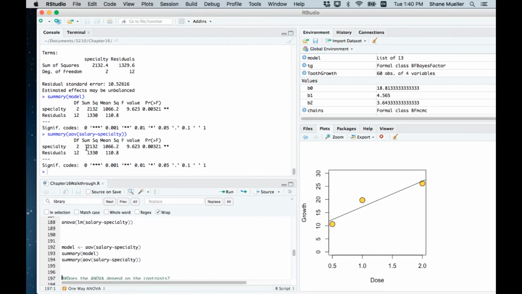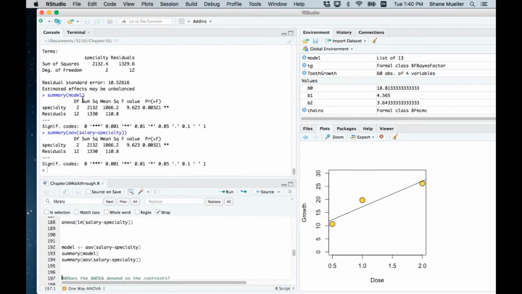And this, again, just like the ANOVA of the LM, the summary of the AOV gives me this F-test of whether specialty matters at all in comparison to intercept only. So what this is really asking is, if I just assume these are all the same, there'd be some amount of error. But instead I'm assuming they each have their own level. And is that any better? And here that says it's significantly better, in that it would have been unlikely to get that much better just by chance if they really didn't have different means.